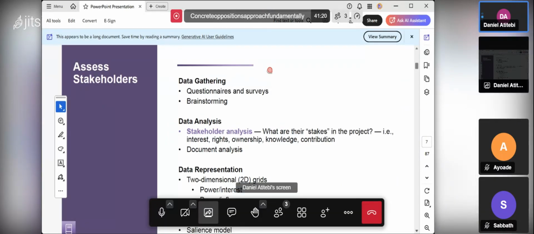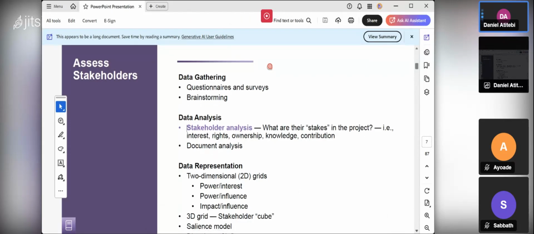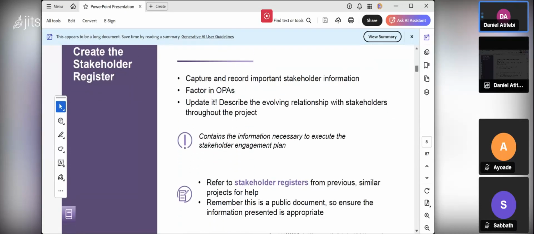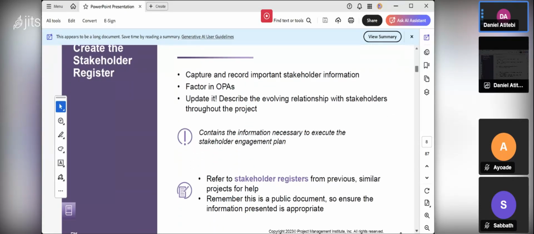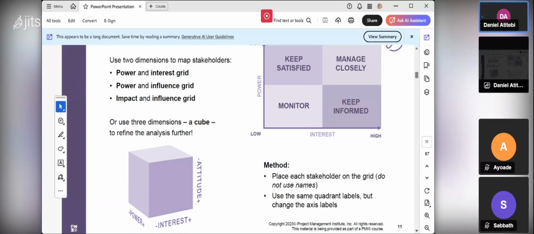The same thing will happen in your project, in your organization. Not everybody likes you to succeed. Not all the stakeholders will support you. There are some people who are neutral. Some people will engage with you, they will support you. So you must know who they are and how you are going to relate with them. That's the purpose of this.